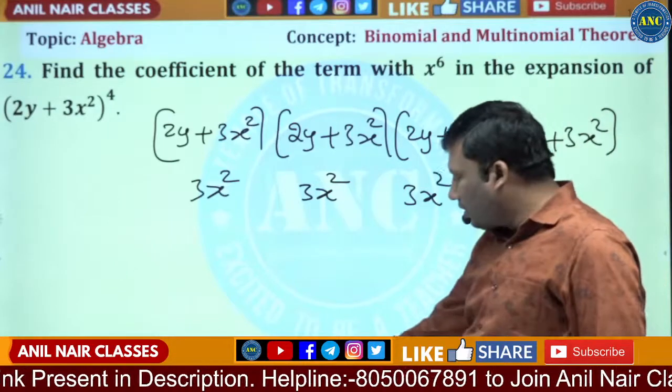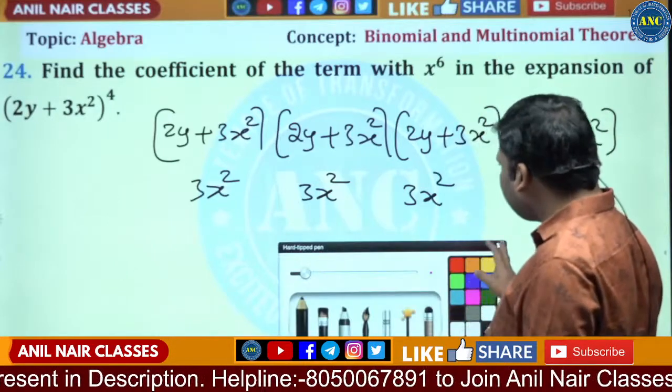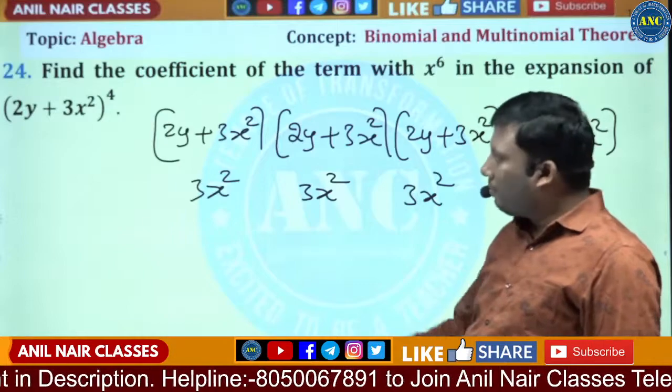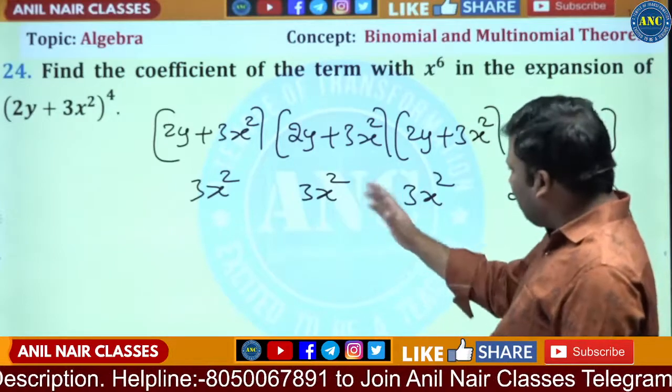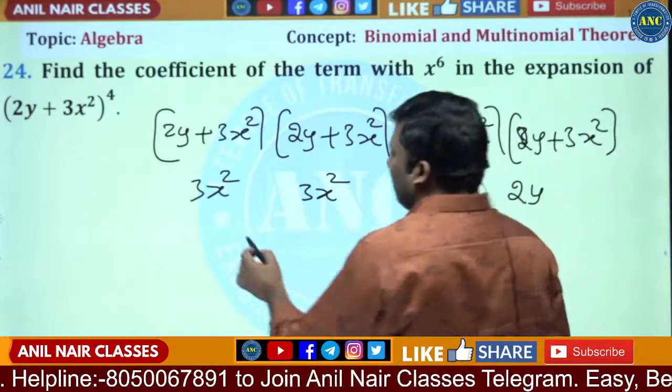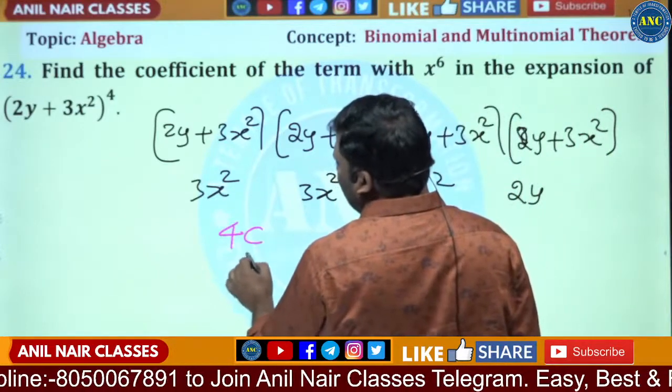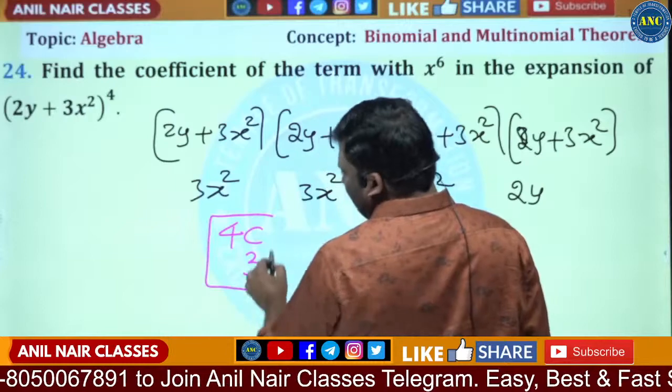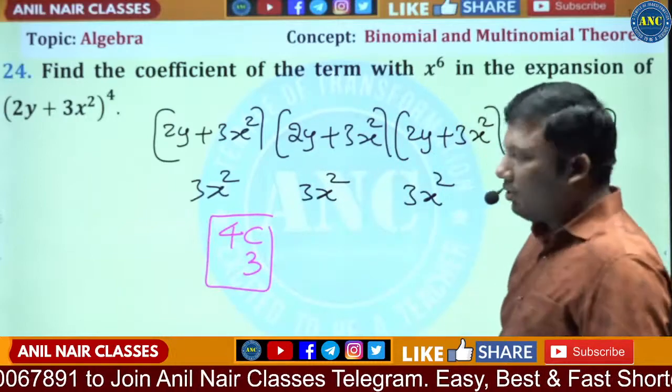That means out of 4 factors, if I take 3x^2, 3x^2, 3x^2, I'll get it. Out of 4, I am selecting 3 terms, 4C3. I hope it is clear.